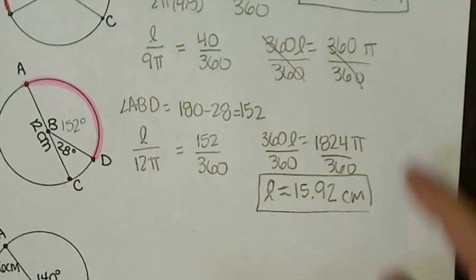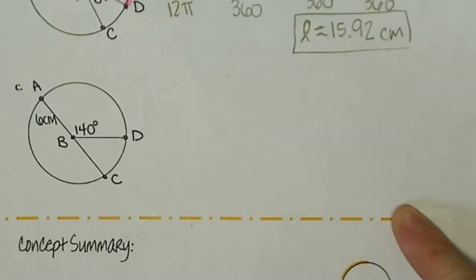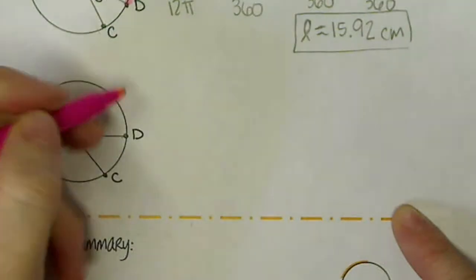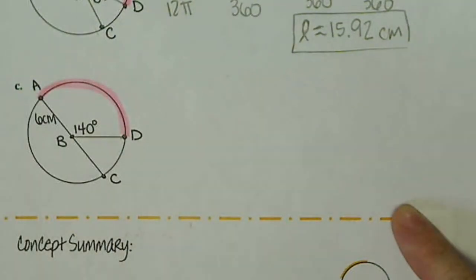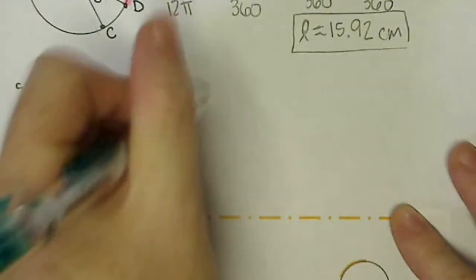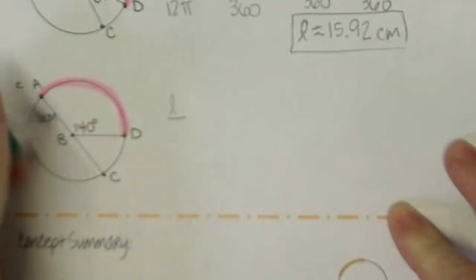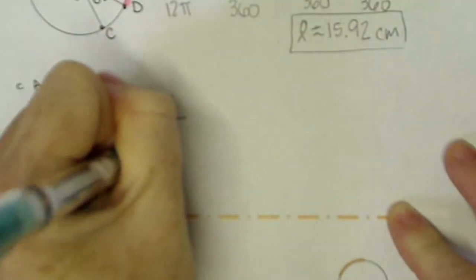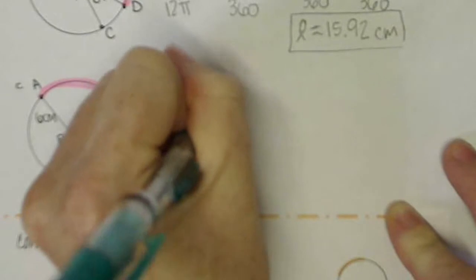Okay, last one. We want to find arc AD again, DA, this little arc right here. All right. We know that it is L over 2 pi r, 6 centimeters, so we got 12 pi again, and 140 over 360.